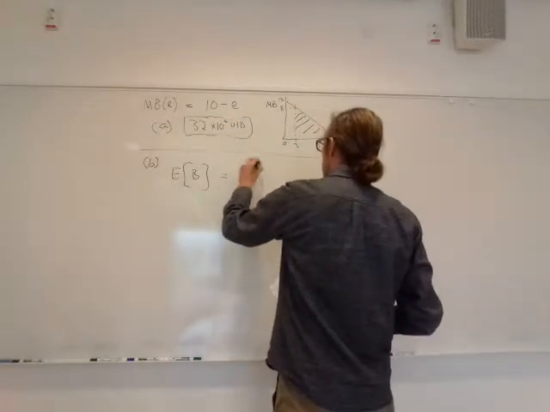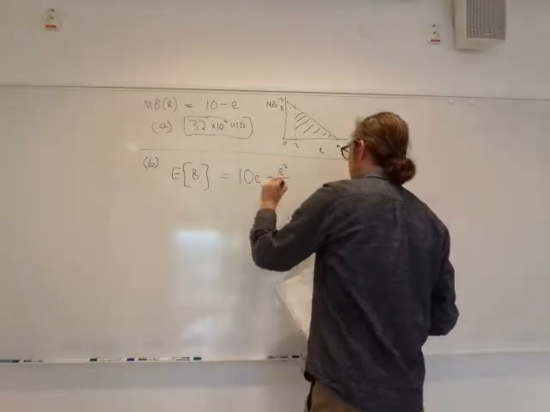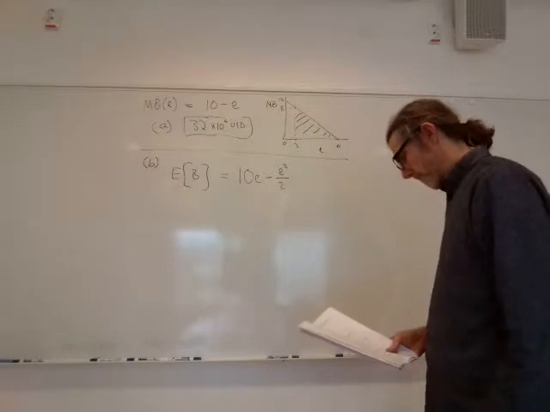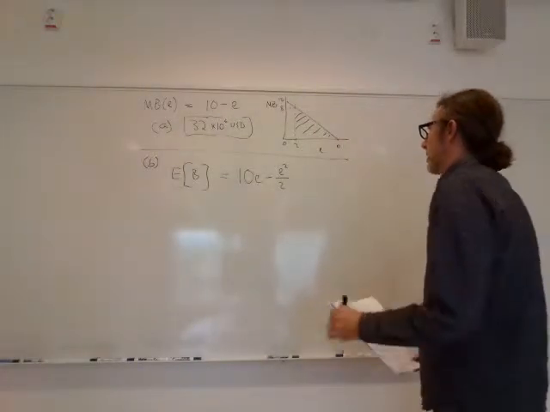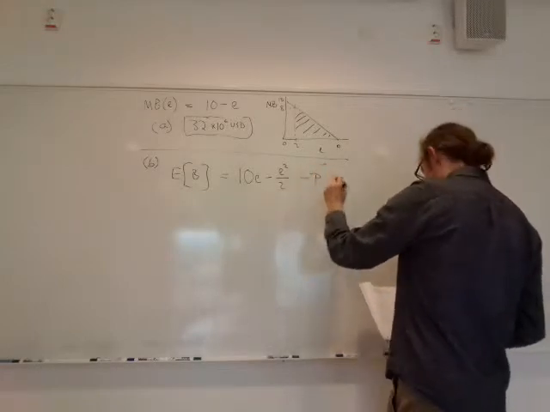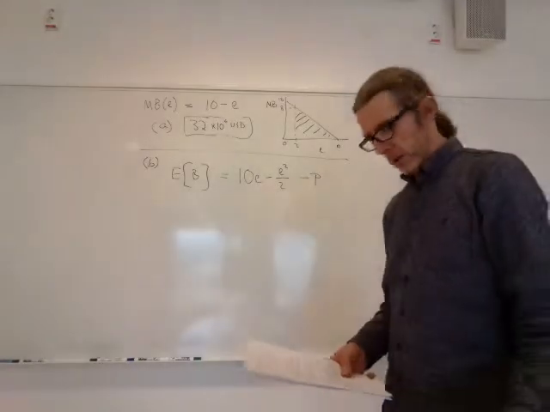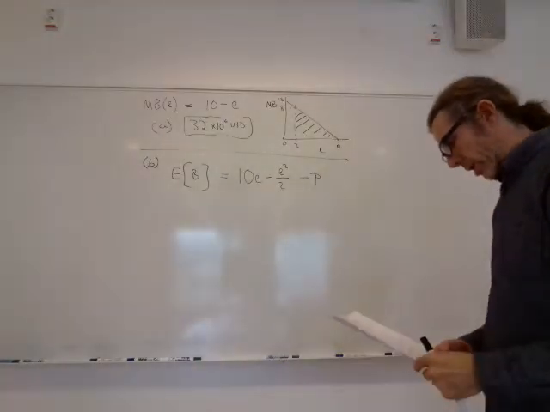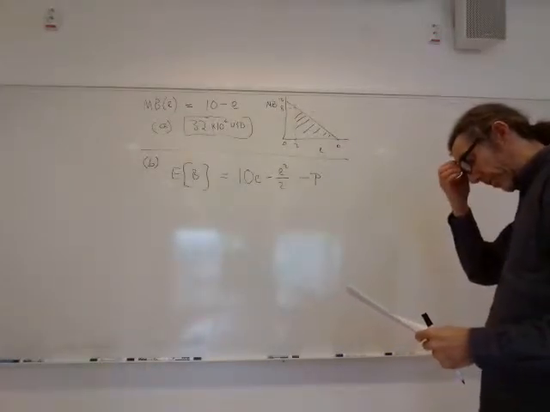So expected total benefits are 10e minus e squared over 2. But then there's a risk of getting caught, isn't there? So it's minus p times whatever you're caught out doing, which is the fine.